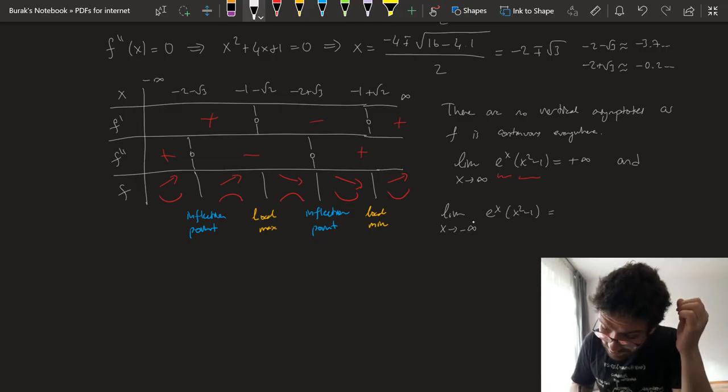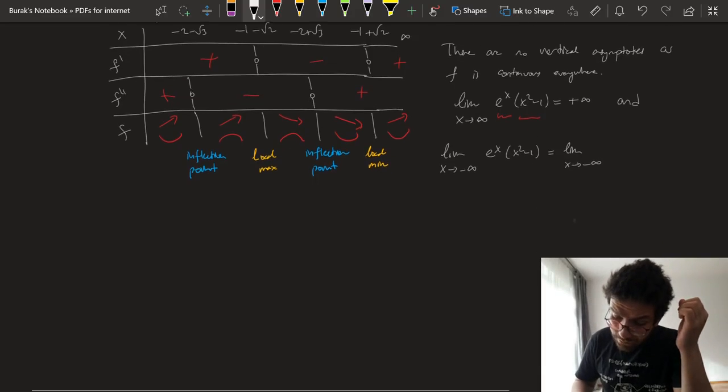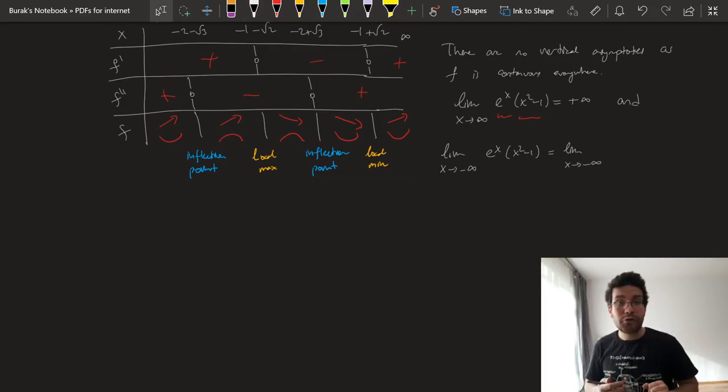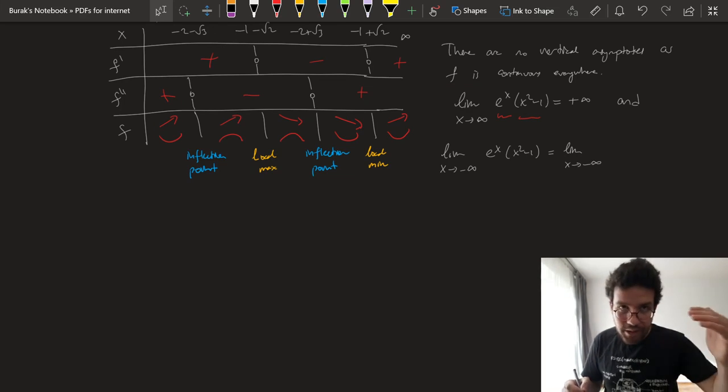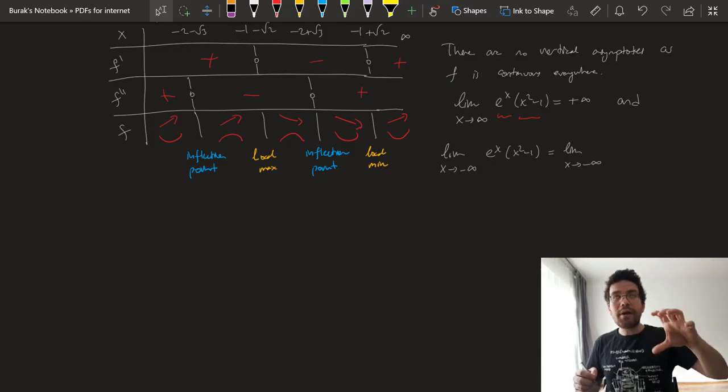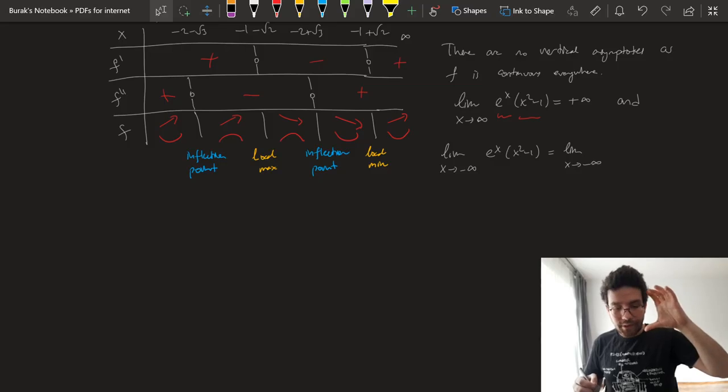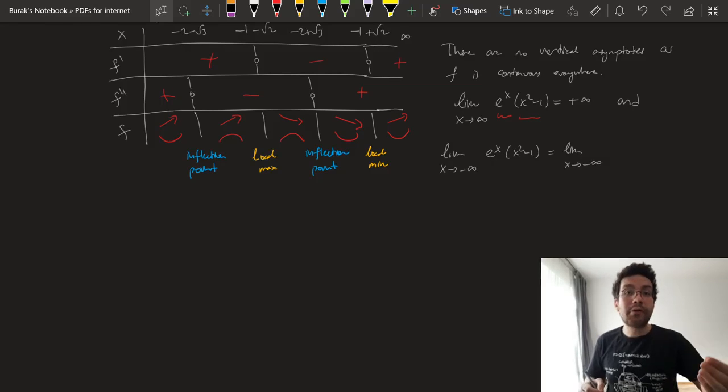And what do you do when you see an indeterminate form of the form 0 times positive infinity? You flip one of the terms, like you rewrite your expression using the reciprocal of one of the terms. So that will give you 0 over 0 or infinity over infinity, so that you can apply L'Hopital's rule. Remember, we did this earlier.